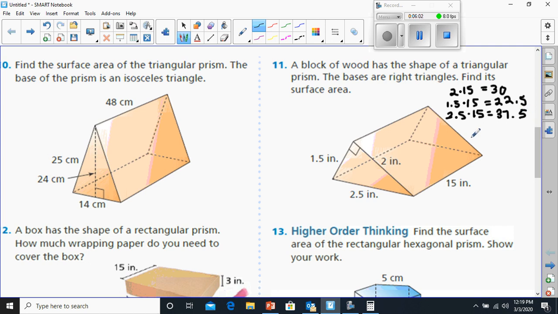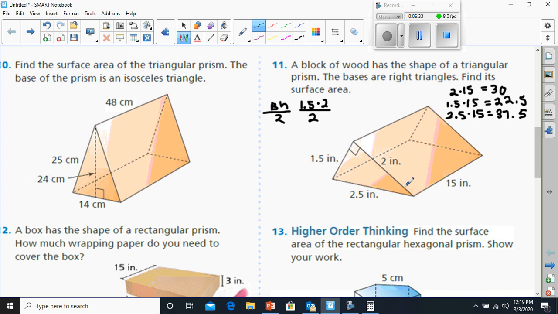And then we're going to have to add that to the triangles. Well, we know that that's base times height divided by 2. And our base is 1.5, and our height is 2. So that's 1.5 times 2, and then we're going to divide it by 2.